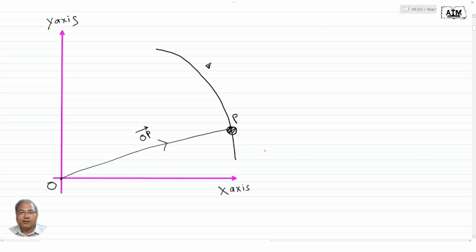Here, we are going to talk about two directions. One is the direction of vector OP, which is called the radial direction. Another direction we are going to talk about is perpendicular to OP.